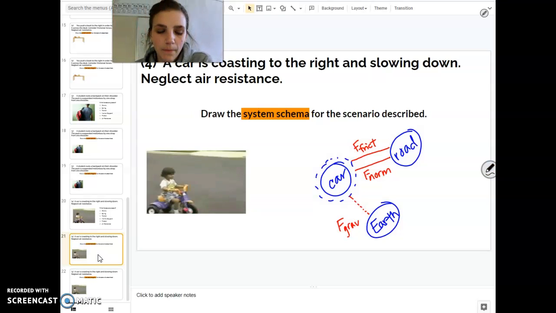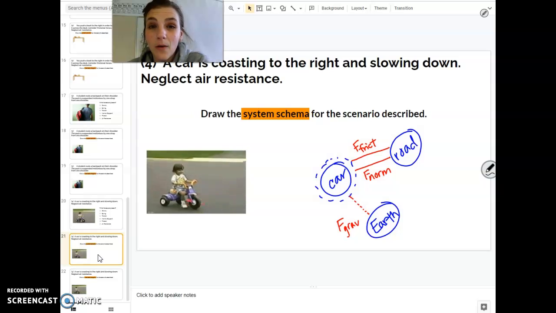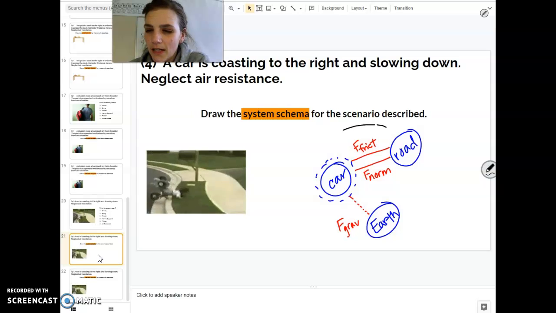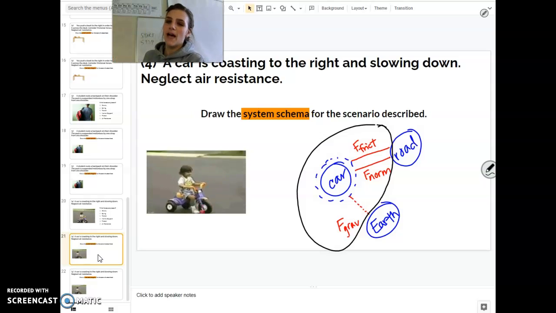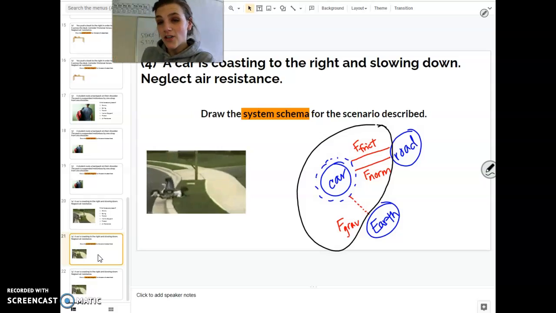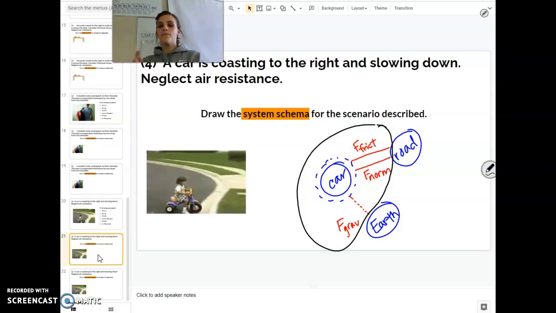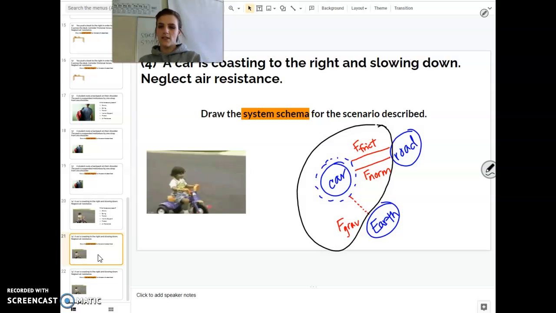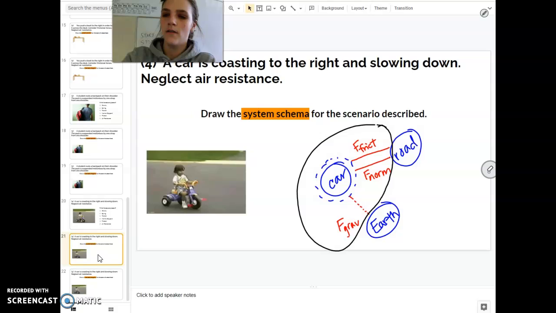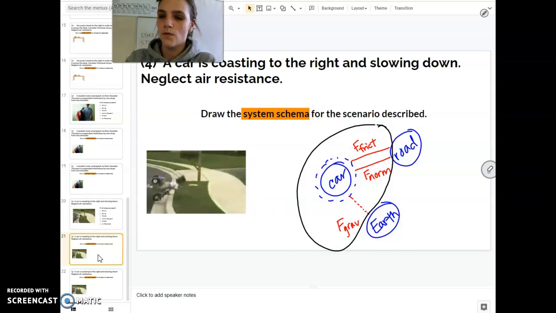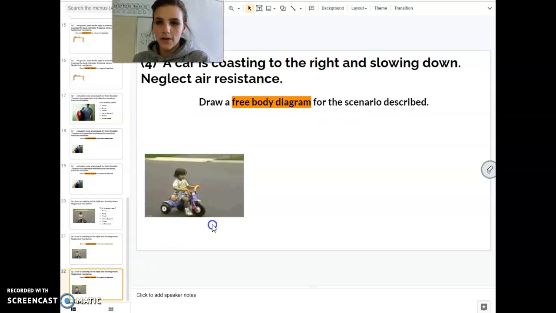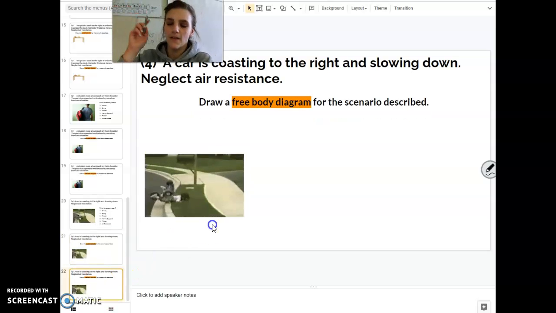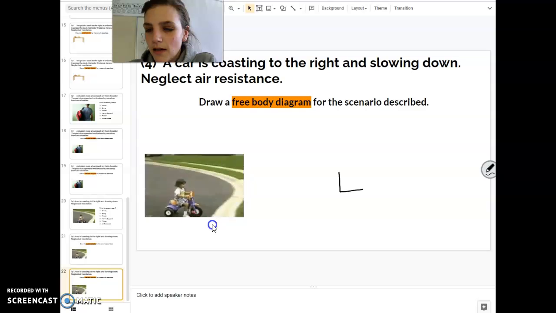If I go to my free body diagram, think about, well, what am I going to be including in that free body diagram? It's going to be this chunk here. I have my car, which will be represented by a box, and then I need to think about directions and sizes of the friction force, normal force, and gravity. Okay, so my free body diagram for this scenario, the box is going to represent the car.